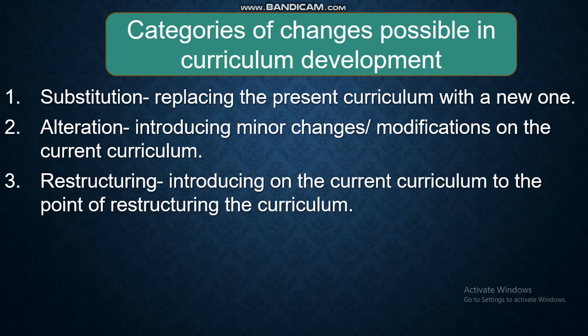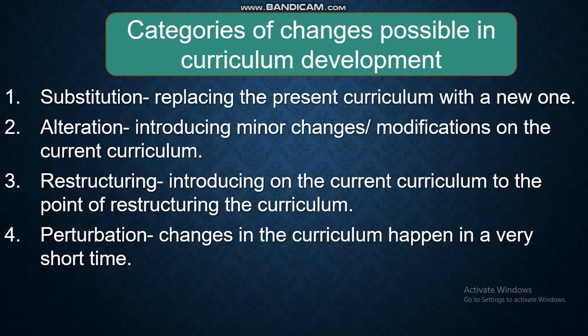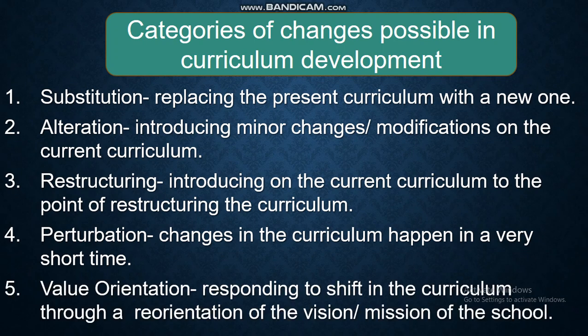Third, restructuring, introducing changes on the current curriculum to the point of restructuring the curriculum. Fourth, perturbation, changes in the curriculum happen in a very short time. Fifth, valuing orientation, responding to shift in the curriculum through a reorientation of the vision and mission of the school.